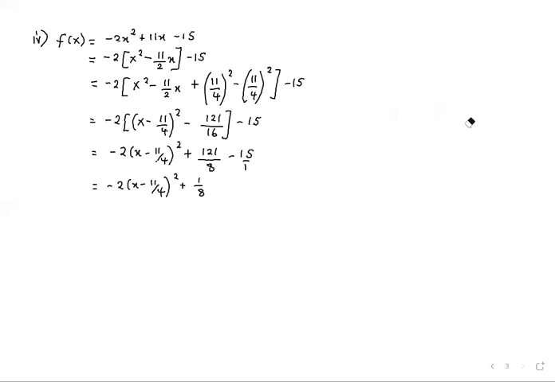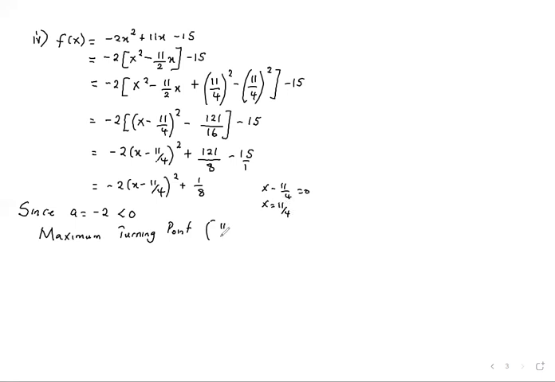Okay. So when you reach here now, we say, since our a, the coefficient of x squared, is -2, which is less than 0, then we'll have the maximum turning point. Where x minus 11/4 is equal to 0, which is x is equal to 11/4.